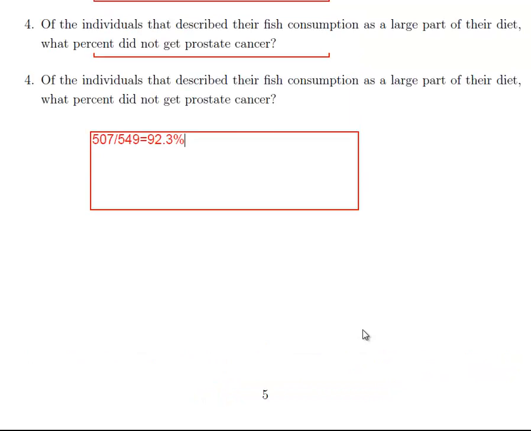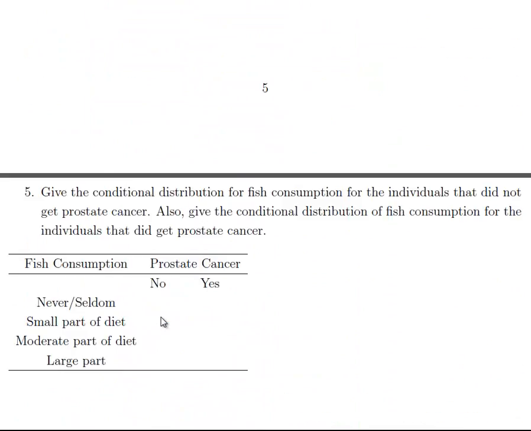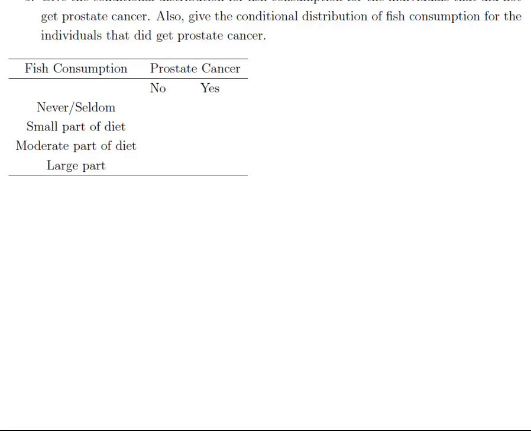So if I go back up to my table, that is this column right here. So I find the percentage of each fish consumption category, and I do that by dividing by 5,806. Okay, so let's go ahead and do that down here.